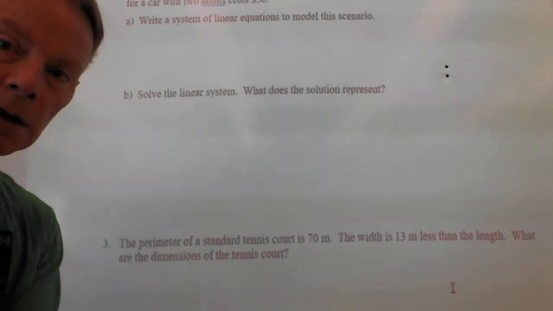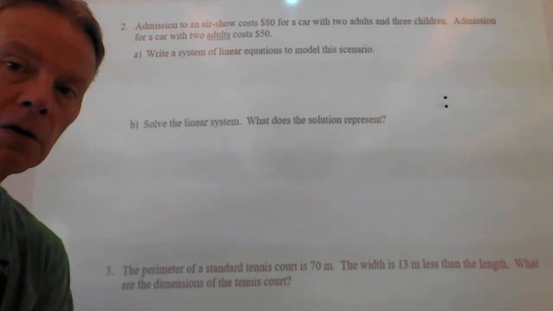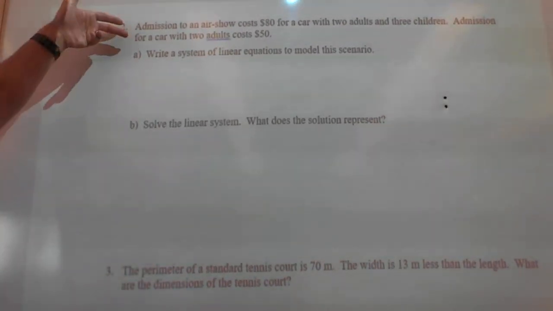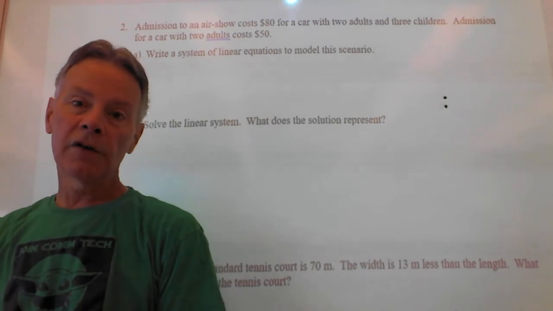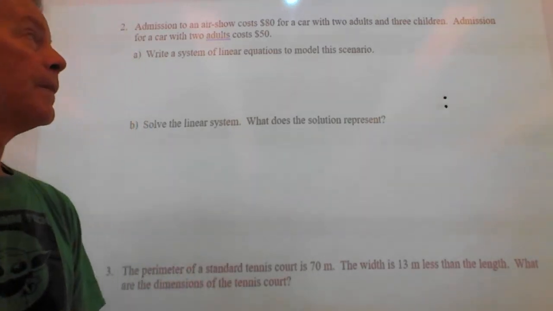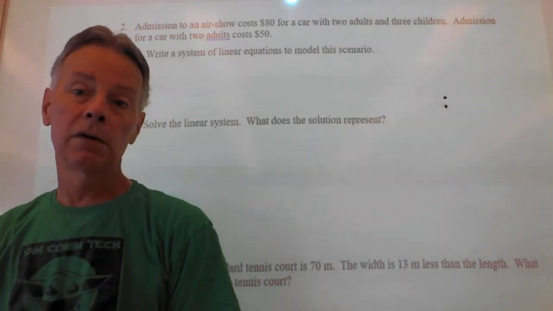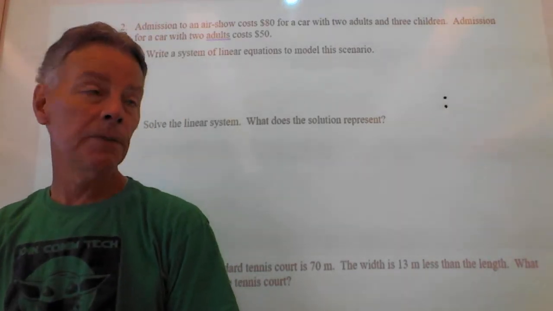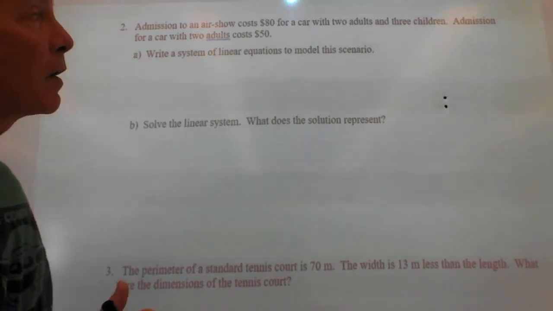Okay, so our first question says, admission to an air show costs $80 for a car that has 2 adults and 3 children. Admission for a car with just 2 adults costs $50. Write a system of linear equations to model this scenario.